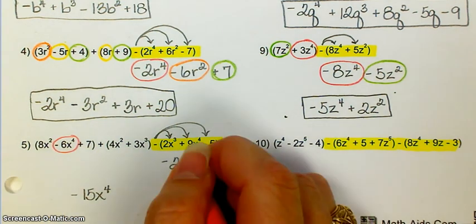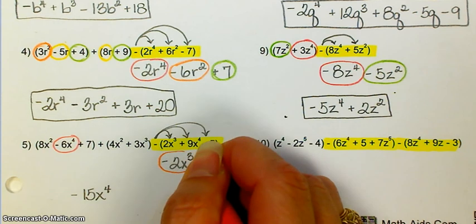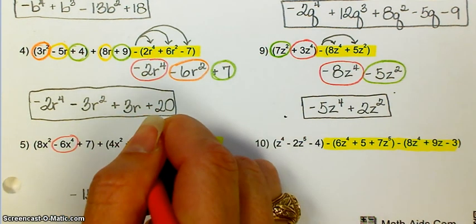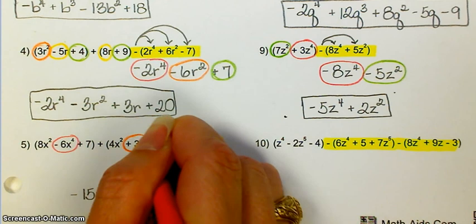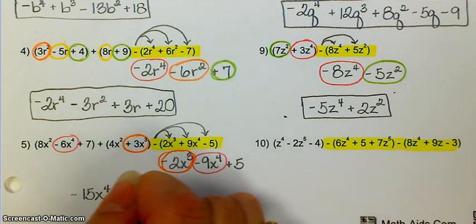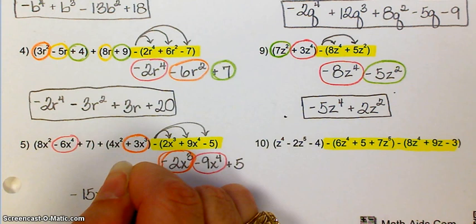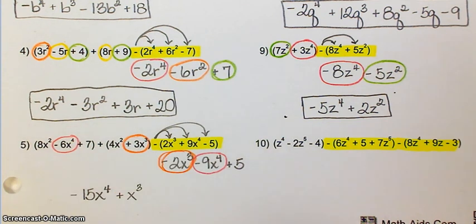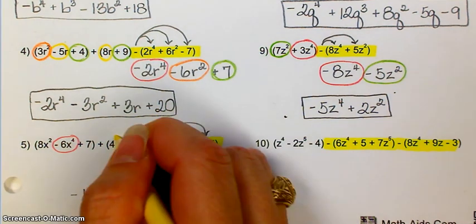I'm looking for to the 3rd power now. I've got a negative 2x to the 3rd, and I have a positive 3x to the 3rd. So what's that going to be, guys? Positive x to the 3rd. Hang on, don't be... the bell doesn't dismiss you, I do. All right.